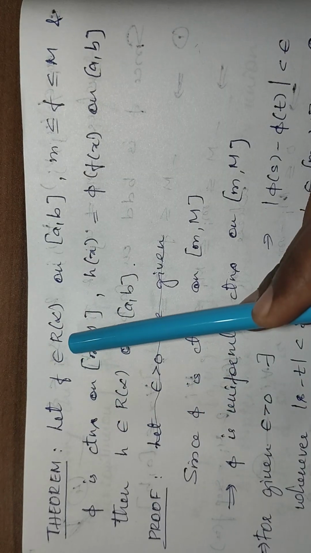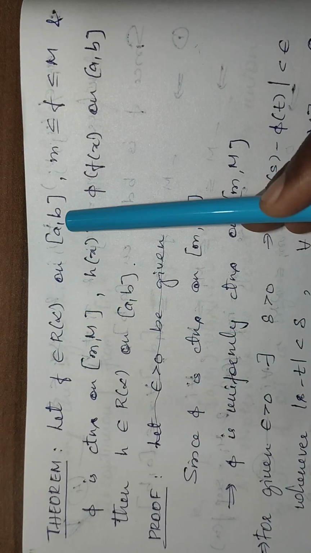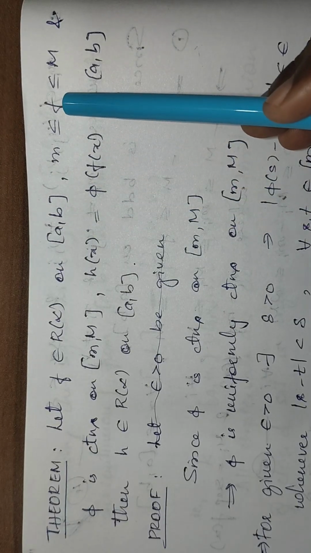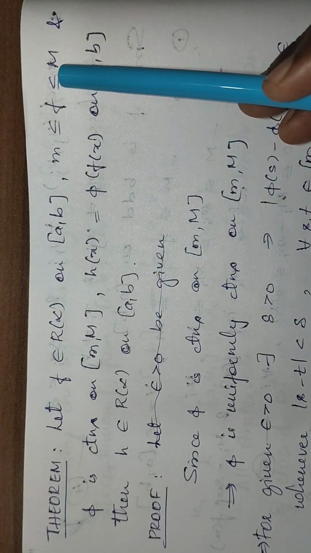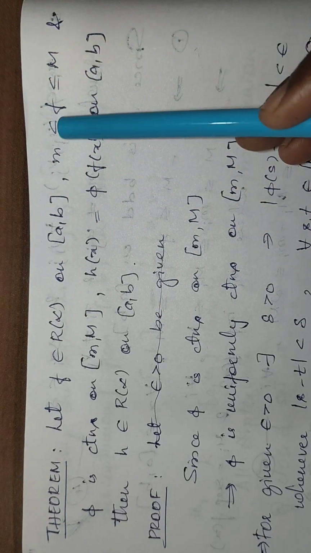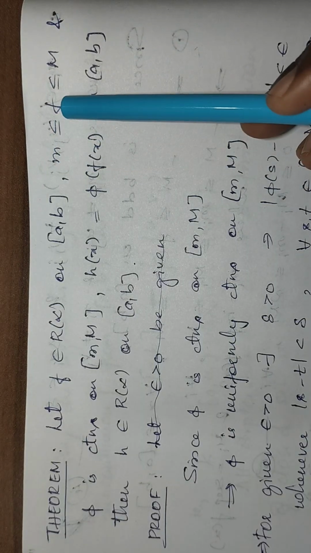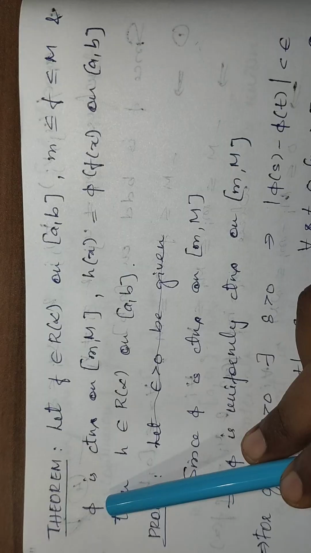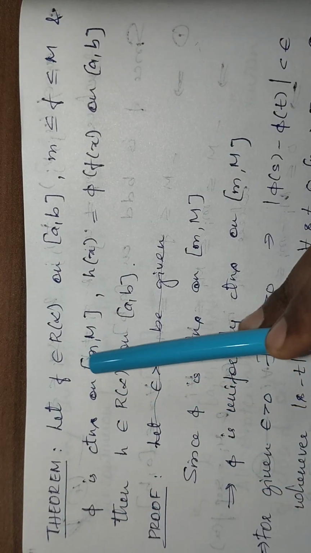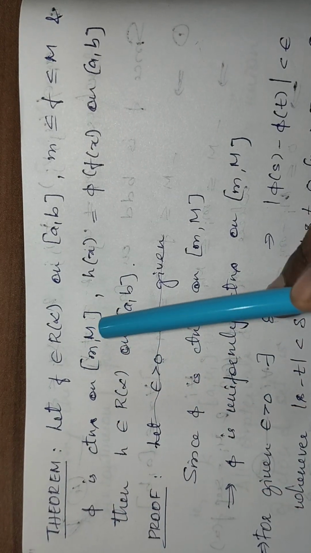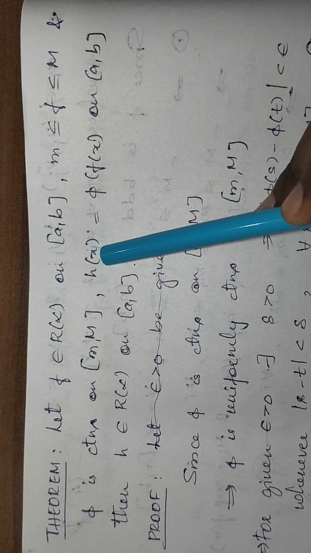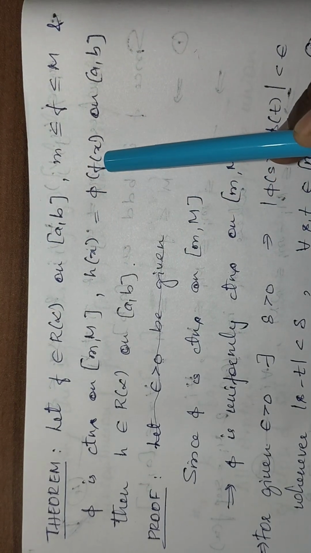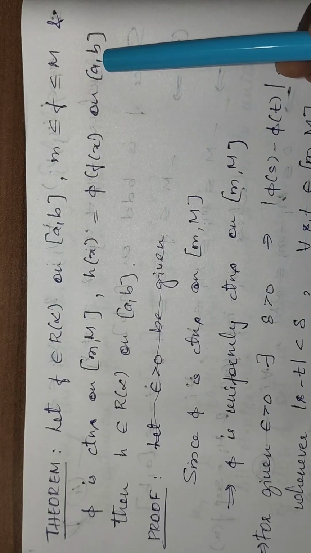Let f belong to R of alpha on closed interval a comma b. Small m is less than or equal to f, which is less than or equal to capital M, means f is bounded, and phi is continuous on closed interval small m comma capital M. h of x is the composition of phi and f on closed interval a comma b.